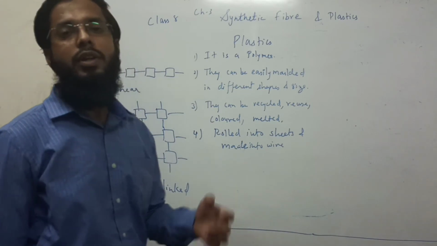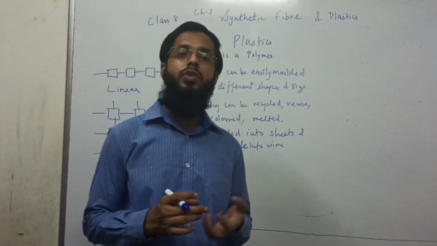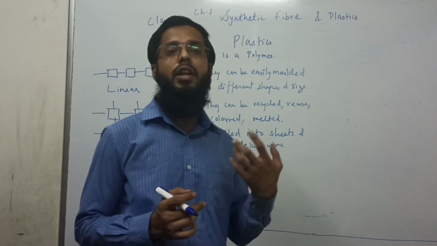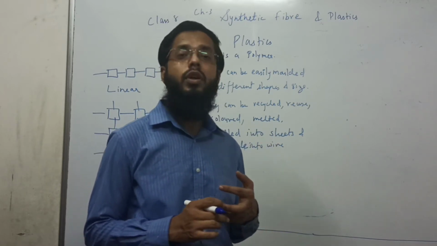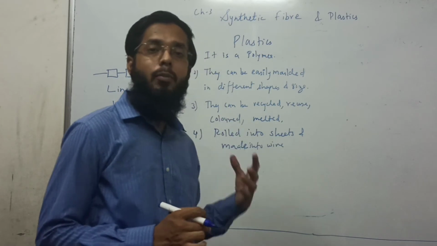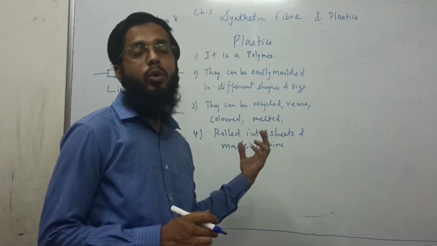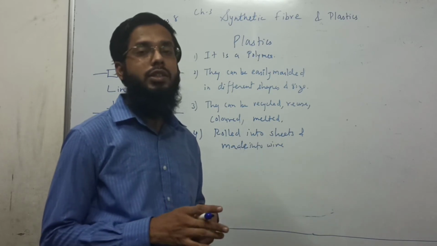So these are the properties of plastics due to which they are very popular among people. They are easily available, they are relatively cheap, and because they can be prepared in a laboratory, we are not depending on natural sources, so high production can be obtained, and that's why they are cheaper.